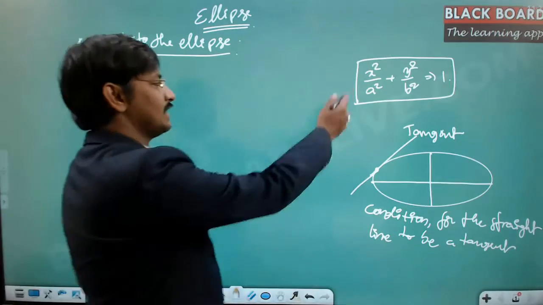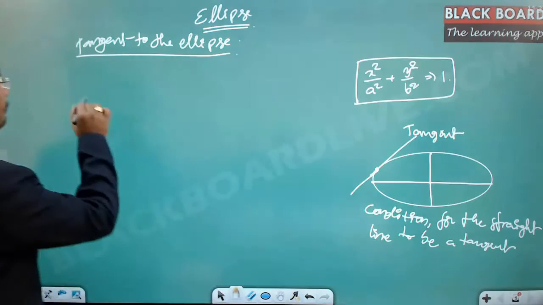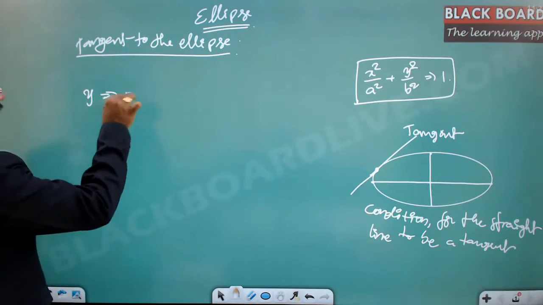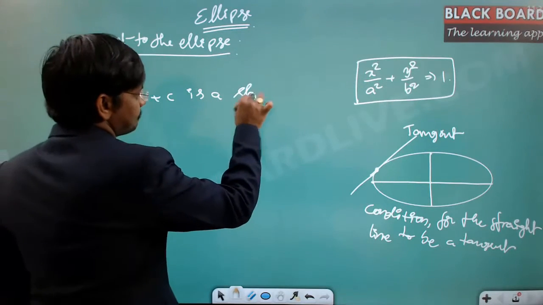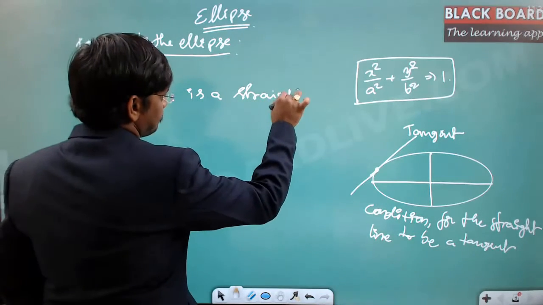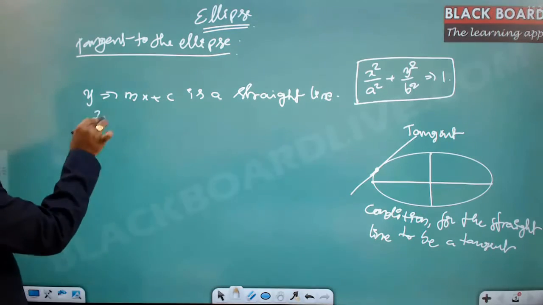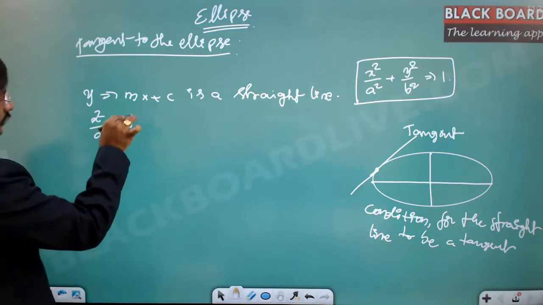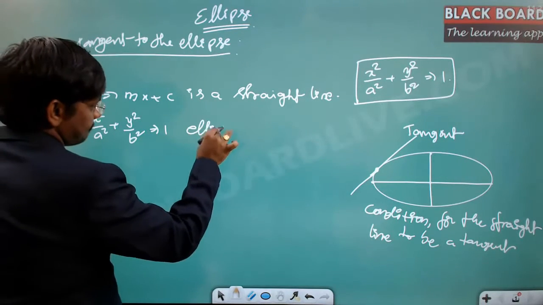So the equation is x square by a square plus y square by b square equal to 1, and let y is equal to mx plus c be a straight line. This is the ellipse equation.